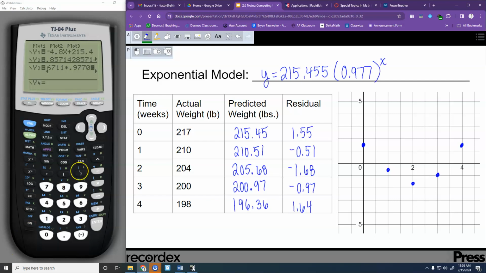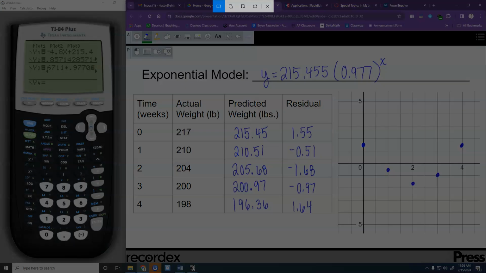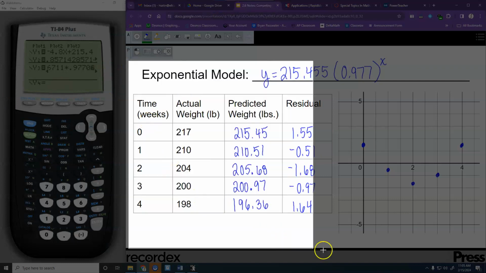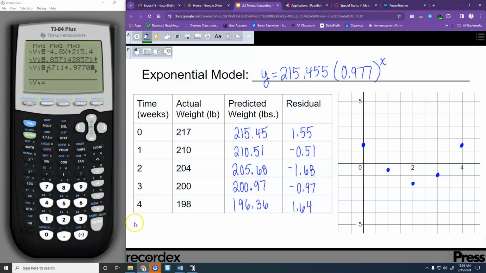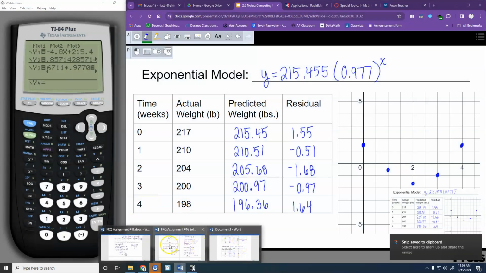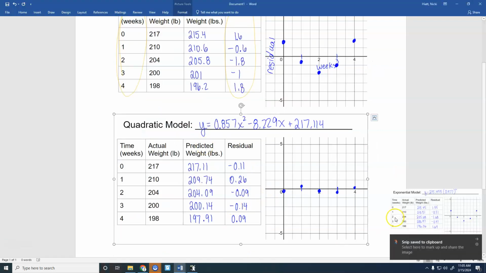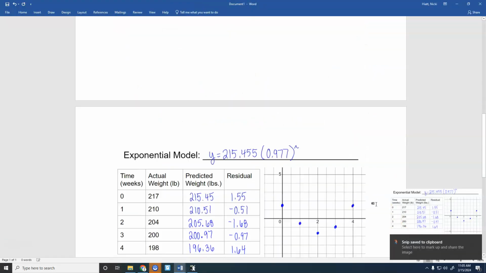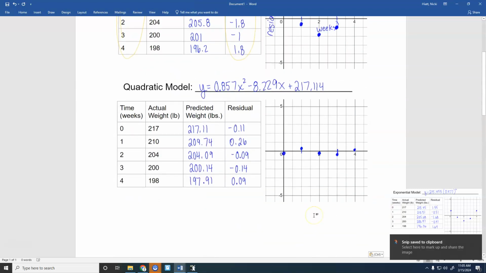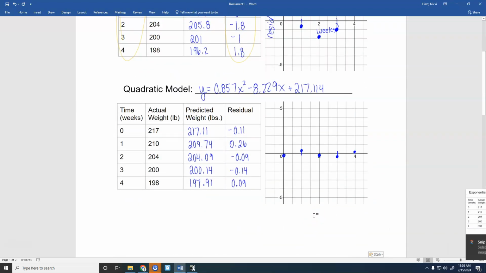Alrighty. Let's see if you guys are getting the same thing as me here. Let's pull this Word document. Okay, my quadratic people, let's see if you guys get the same thing that I have.